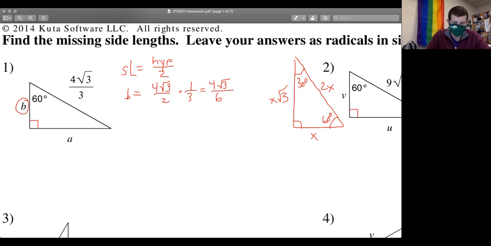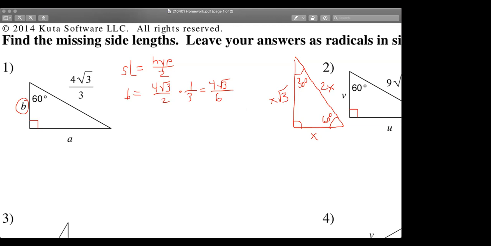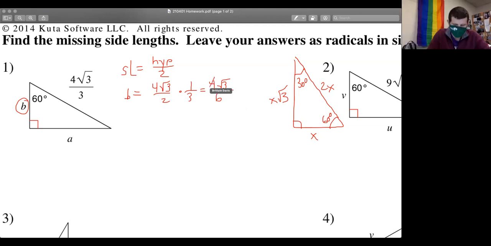Is there any common factor between those 2 numbers? 2. 2, very good. So we could divide both these by 2. 4 divided by 2 is 2. 6 divided by 2 is 3. All right, so 2 square root of 3 over 3.